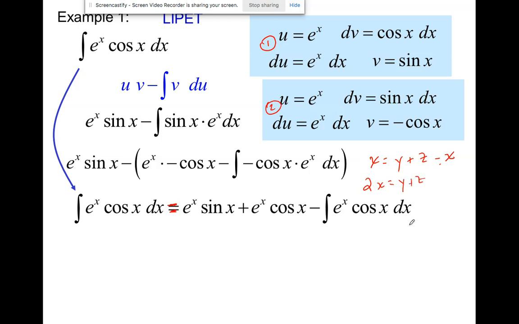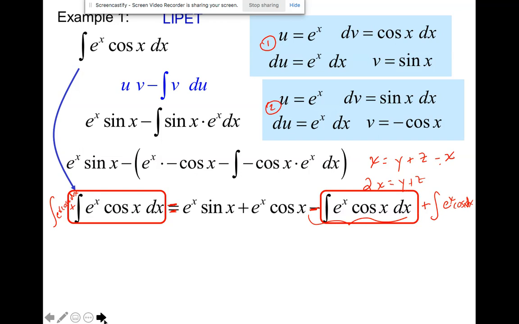Do you see what I want you to do? I want you to take this integral, which has a negative sign, and I want you to add the integral of e to the x cosine x dx to the right side, which isn't legal unless you add the integral of e to the x cosine x dx to the left side as well.